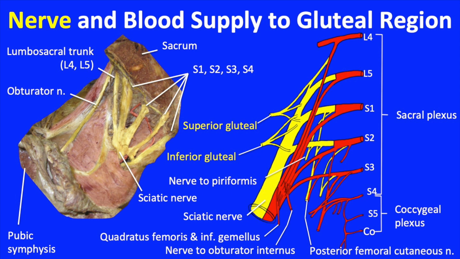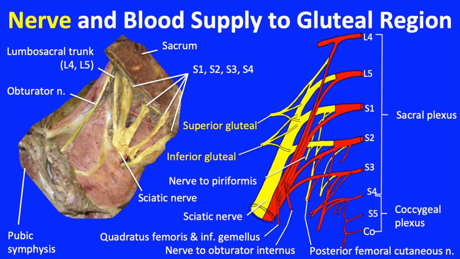What is important to know is that these muscles are all innervated by nerves arising from the sacral plexus. No exceptions. Yes, if you recall, the sacral plexus sends out parasympathetic fibers and as well innervates the pelvic floor muscles. But for this discussion, we focus on the muscles of the gluteal region that work on the lower limbs.